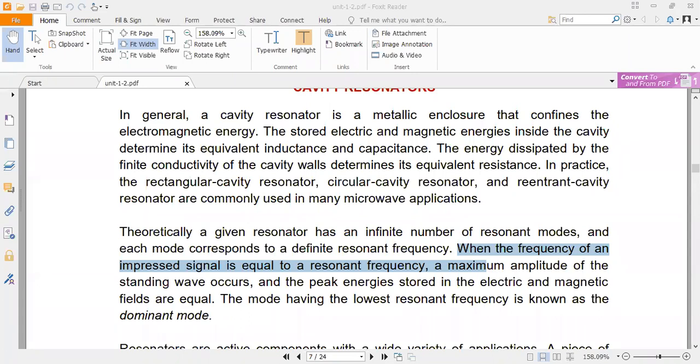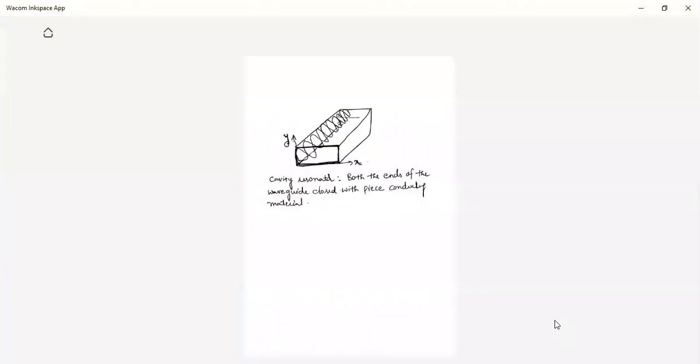Are you able to see the screen? This standing wave pattern is what we are going to get. You are applying the signal, this is the impressed signal. Since this end is closed with the conducting material, the signal gets reflected back.